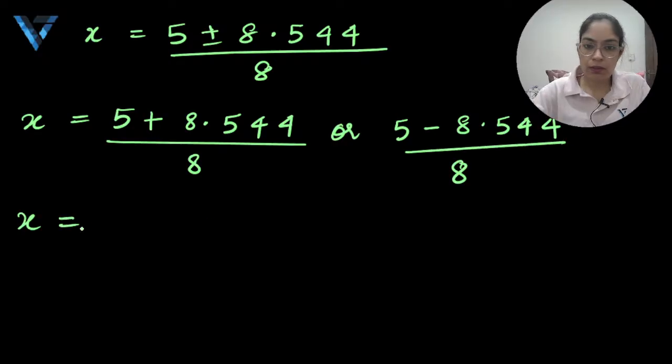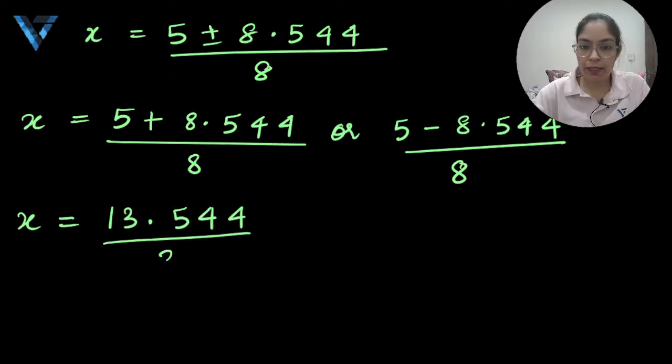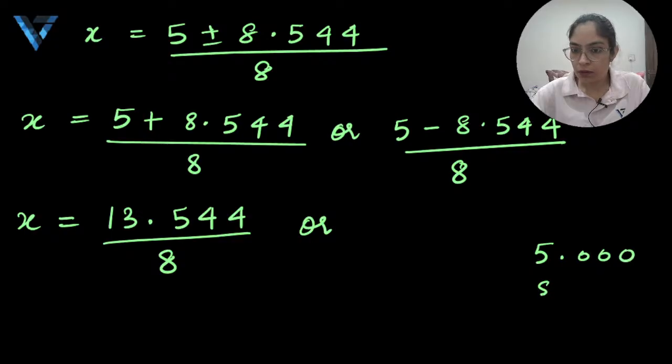So x is equal to, here if you add you will get 13.544 by 8, or when you subtract, in subtraction you have to be careful because there should not be any mistake.